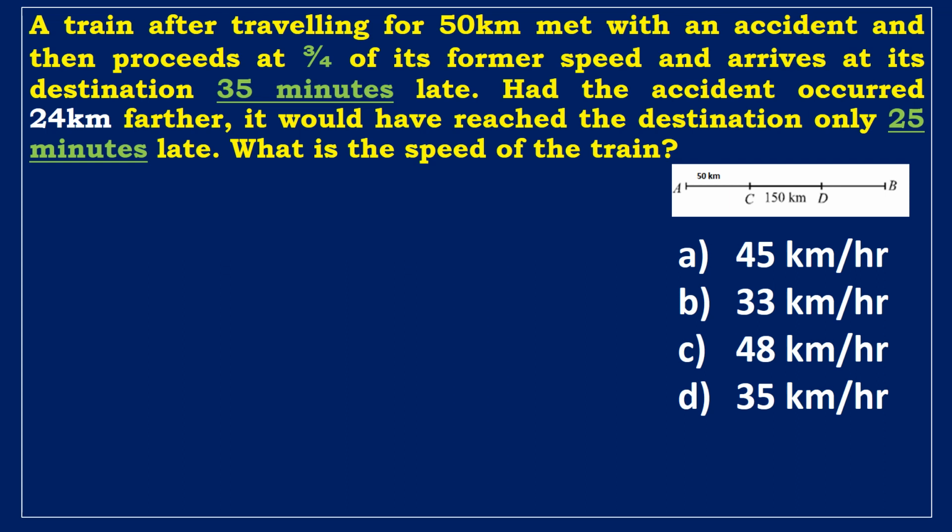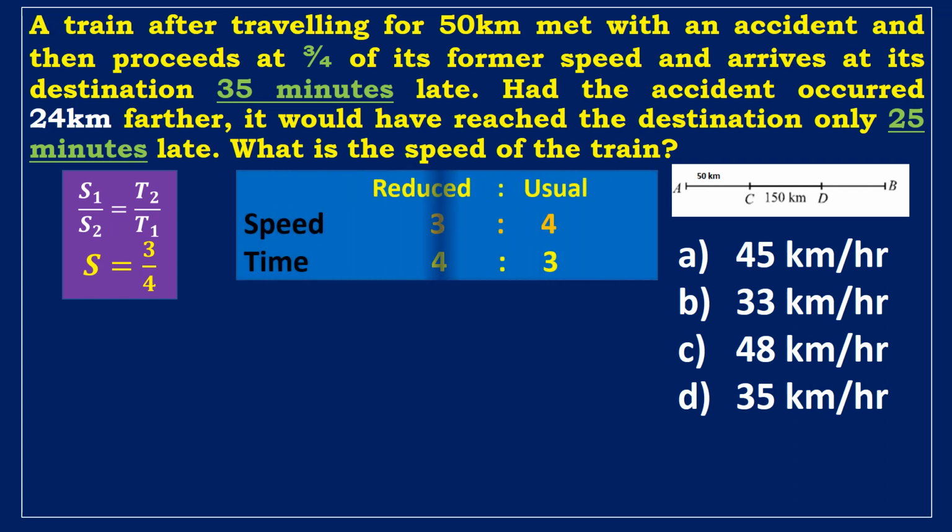Let A be the starting point and B be the ending point. C and D are the locations of accidents. According to the problem, the ratio of the train's speed after an accident to its original speed is 3 to 4. However, speed is inversely proportional to time. The time taken by the train after the accident to the usual time is then 4 to 3. In this case, the time difference is 1.